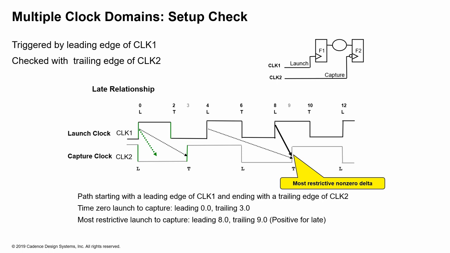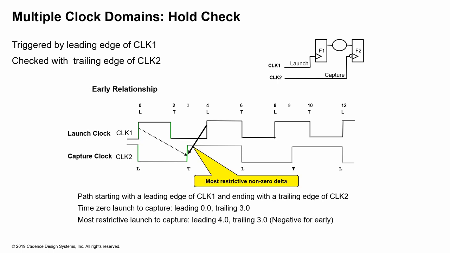Whereas if we look at the leading edge 8 launch and the capture happening on clock 2 at the trailing 9, that seems to be the most restrictive or worst case combination. Therefore we have to look at that combination of launch and capture and make sure that the design meets the setup check for that most restrictive capture and launch combination.